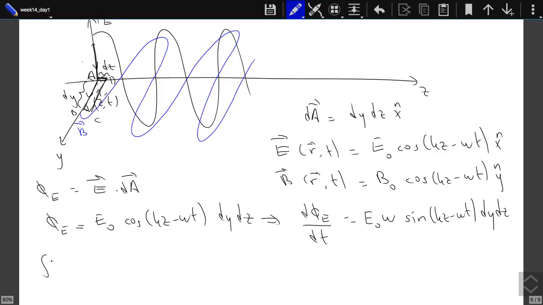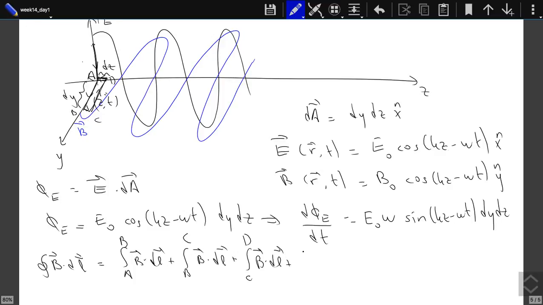The integral of B dot dl will be equal to, from A to B, B dot dl, from B to C, B dot dl, from C to D, B dot dl, from D to A, B dot dl.